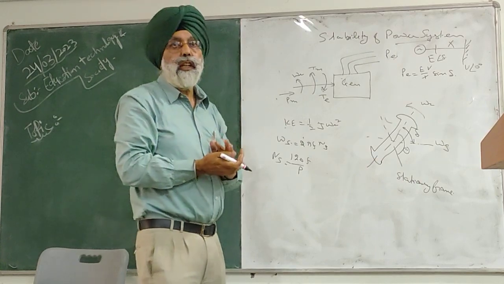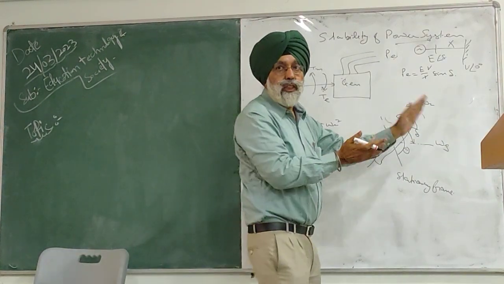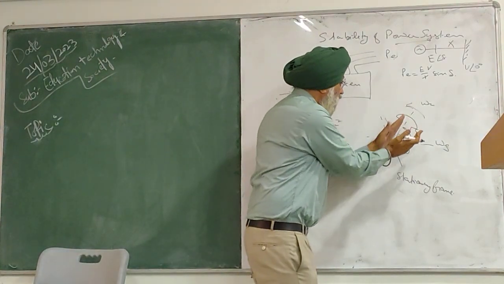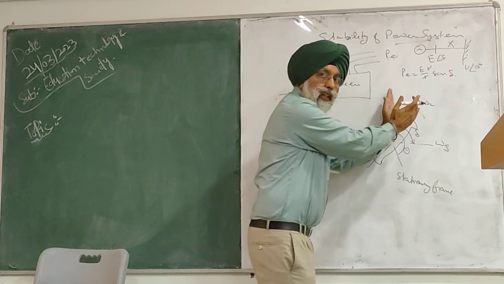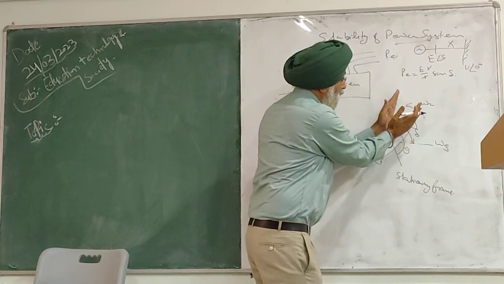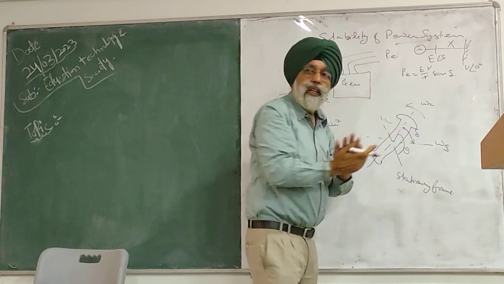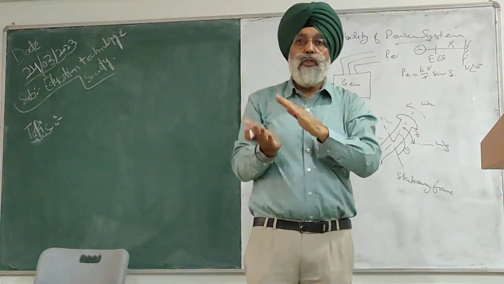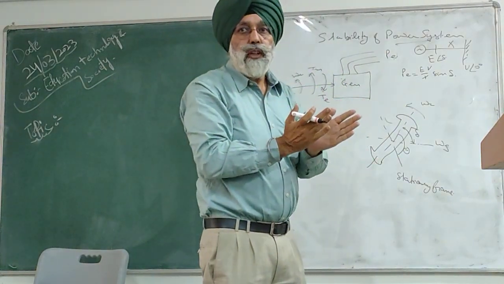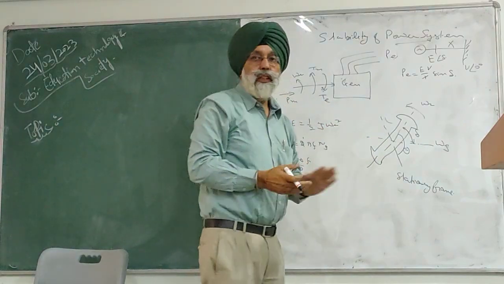The generator is working under the steady state condition. Your rotor is rotating at a synchronous speed. Also, your synchronous field is rotating at a synchronous speed. But there is an angle difference between the synchronous field and the rotor field. So this is known as the steady state condition.